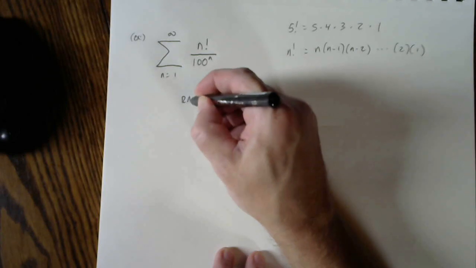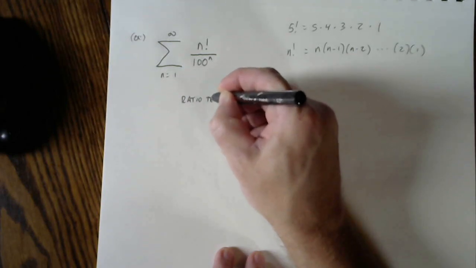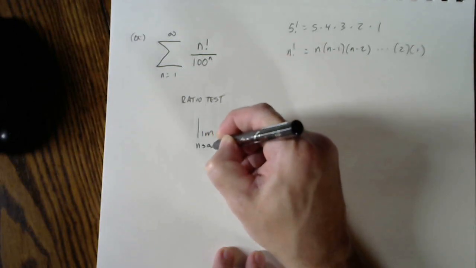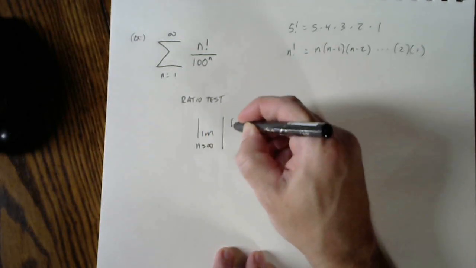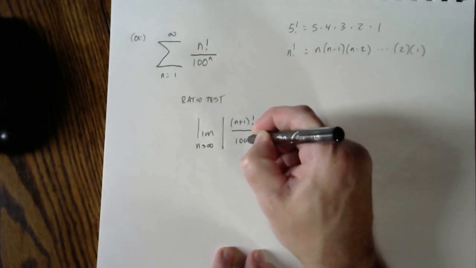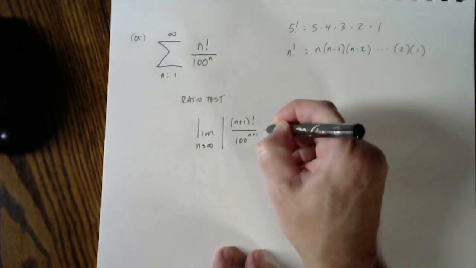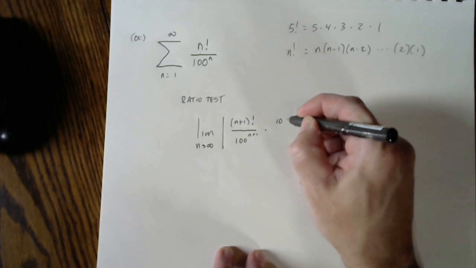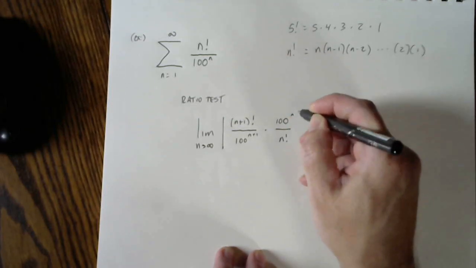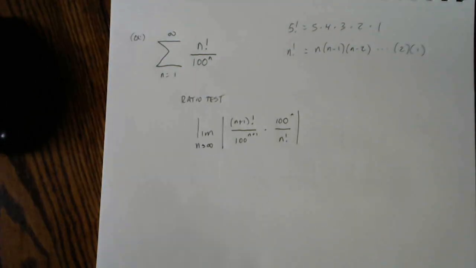So let's try this one, the ratio test. Get this calculation moving. (n plus 1) factorial over 100 to the n plus 1, times 100 to the n over n factorial. So again, you look at the 100s.